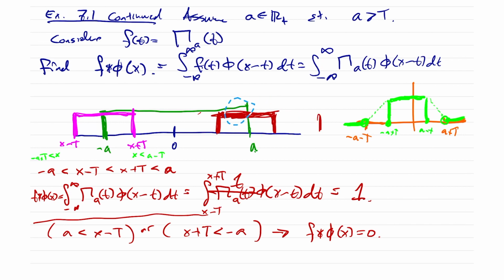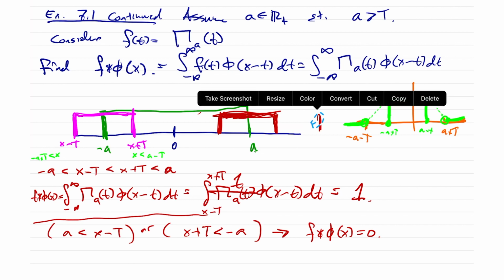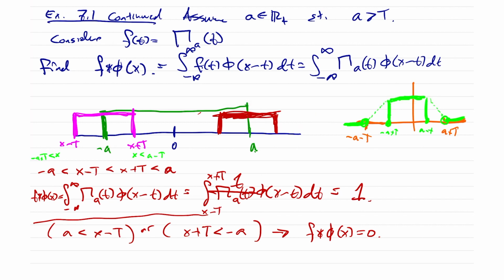And basically, you can see that with this. So if I put this interval here, what do we get? Well, we have negative a is less than x minus t, but a is sitting between here, right? And so what we're going to be taking is the integral of 1 over 2t over this region that stops here and stops here.